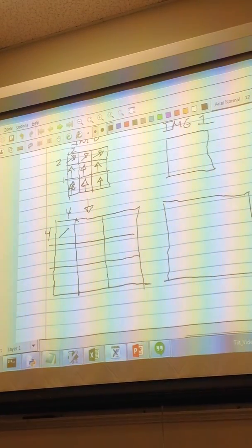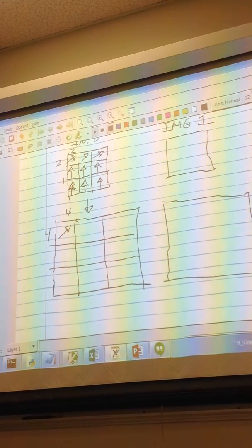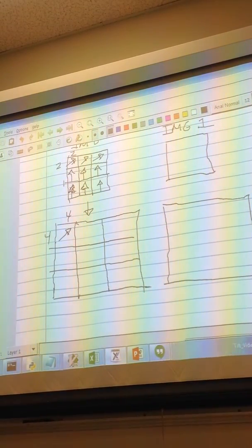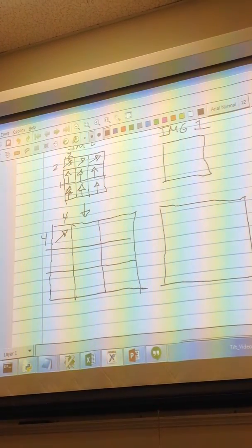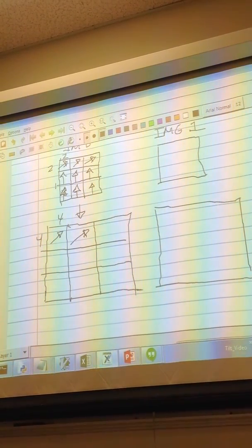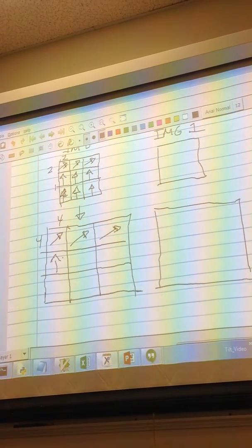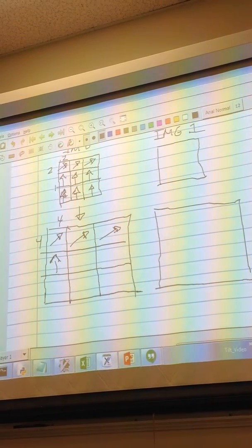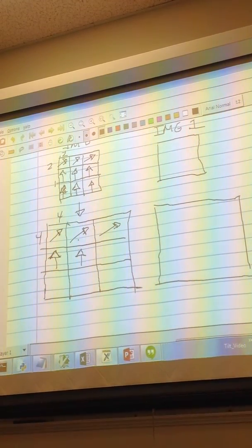And what we're doing is we're just assuming that this big 4 by 4 block takes on the same motion vector as the 2 by 2 block. That's just an initialization. That's not saying that that's going to be the case, because we're going to actually do another search to find the best block. So all of these are going to be the same, except the length of the motion vector is going to be twice as long, right?